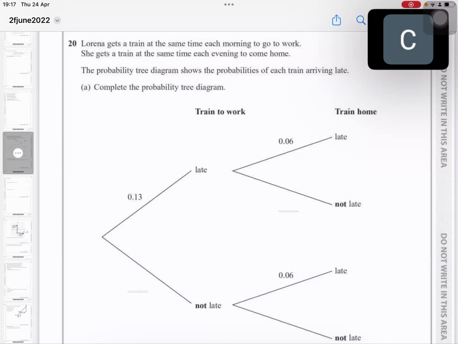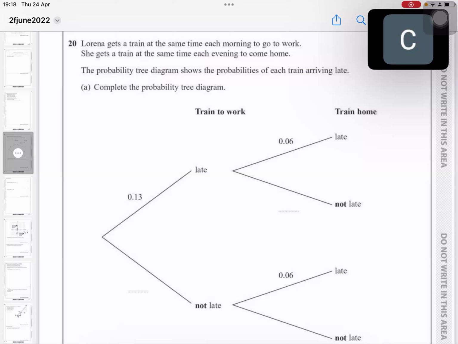Simple, 1 minus 0.13. Can you do that on your calculator? Let's see what you get. 1 minus 0.13. I think it's going to be 0.87. Yes. Yeah, 0.87.